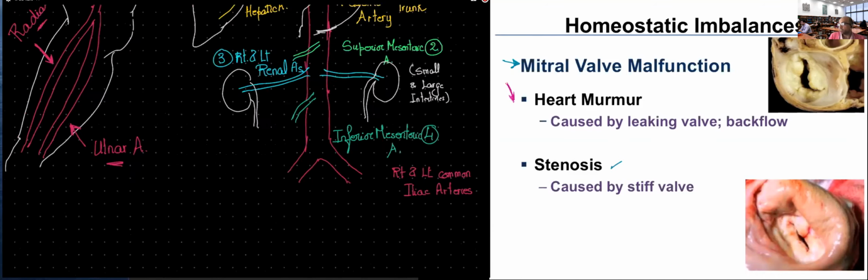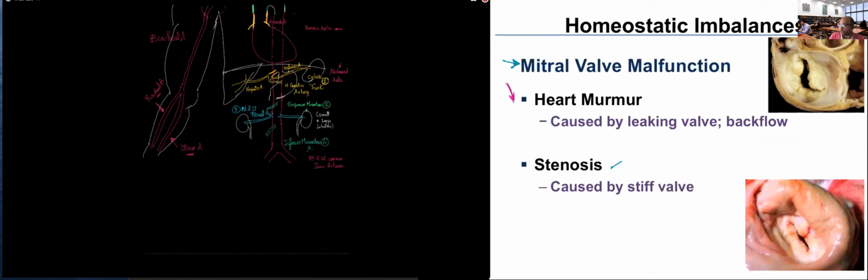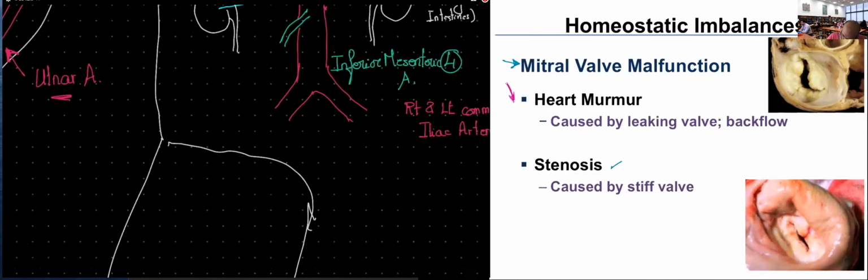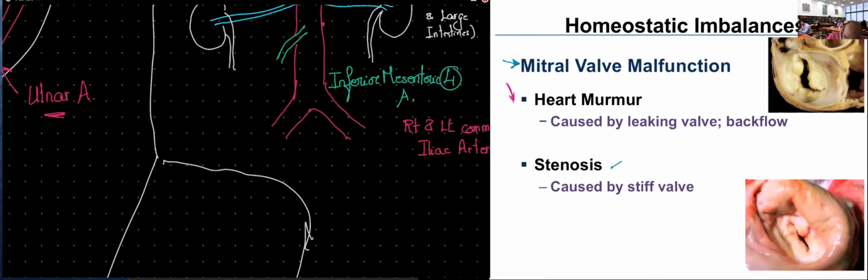Each common iliac gives rise to a branch that will travel towards the inside of the pelvis, and another one that will be traveling towards the thigh.